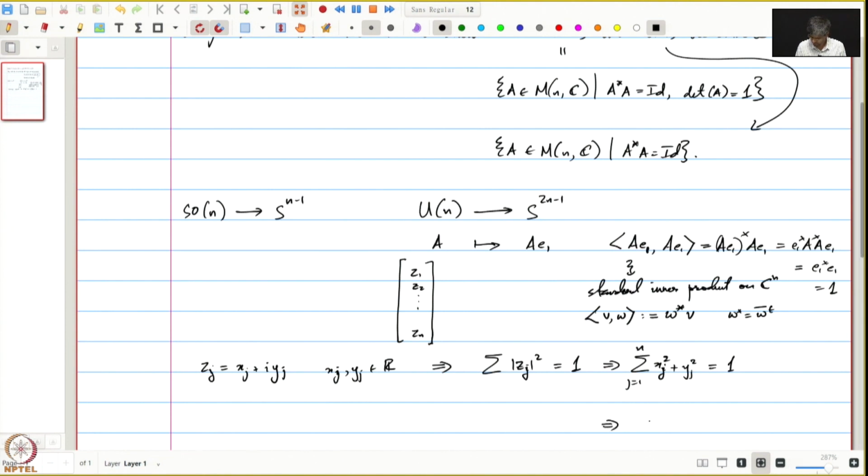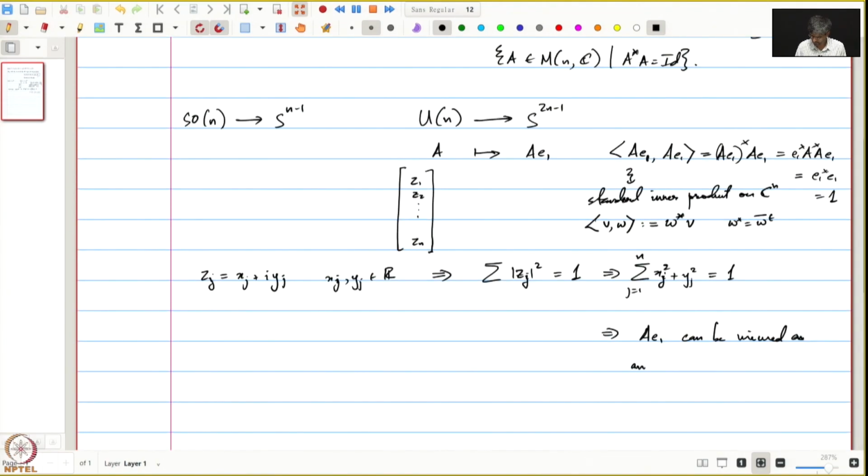So AE1 can be viewed as an element of S^(2n-1).